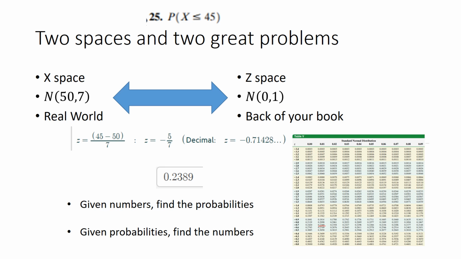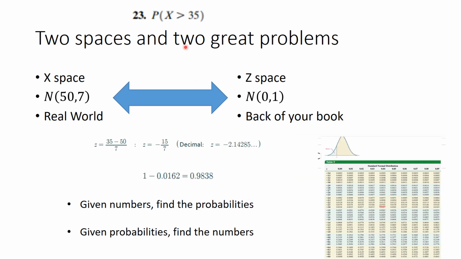Let's do another one. Now this one says p is greater than 35. Note that's not what your table gives you, so we're going to have to subtract this from 1 before we're finished. But again, x is going to be 35, so we'll change that into a z-score. So 35 minus 50 over 7 ends up to be minus 2.14285.